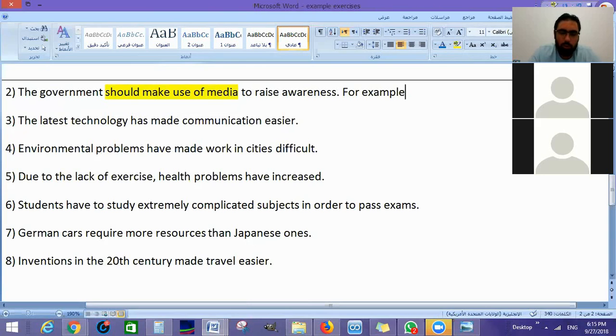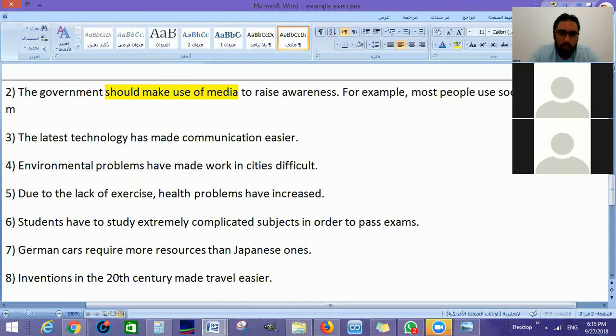For example, most people use social media networks such as Facebook.